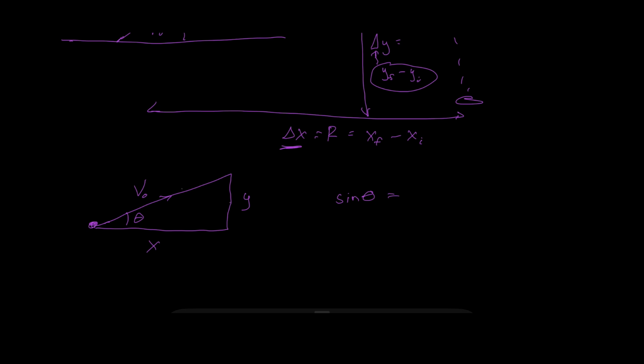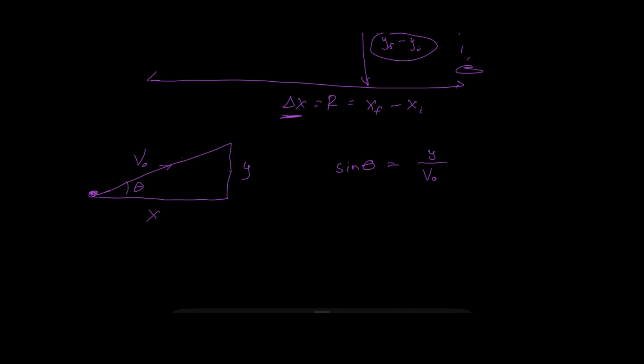So it equals y over v naught, okay? And then your cosine of theta is x over v naught. So solving for y, y equals v naught sine of theta, and your x equals v naught cosine of theta.